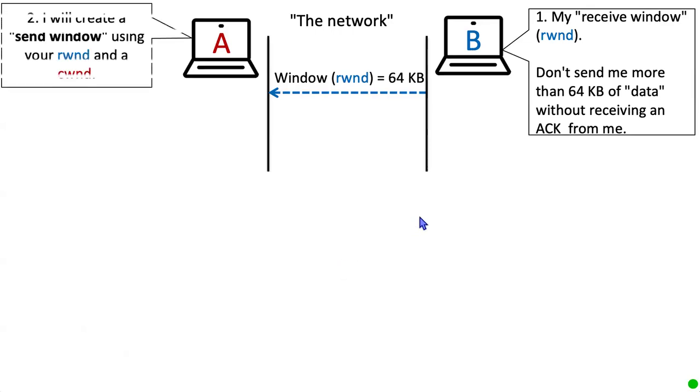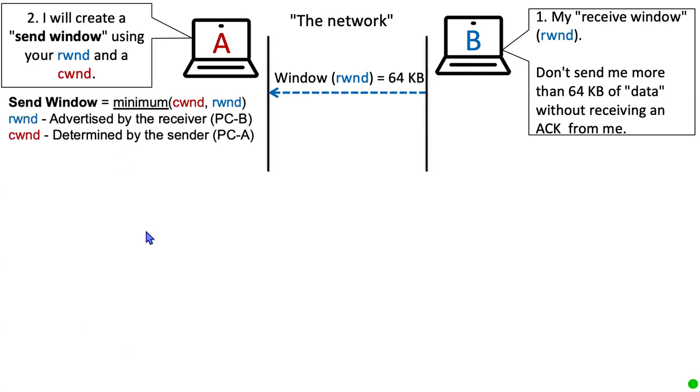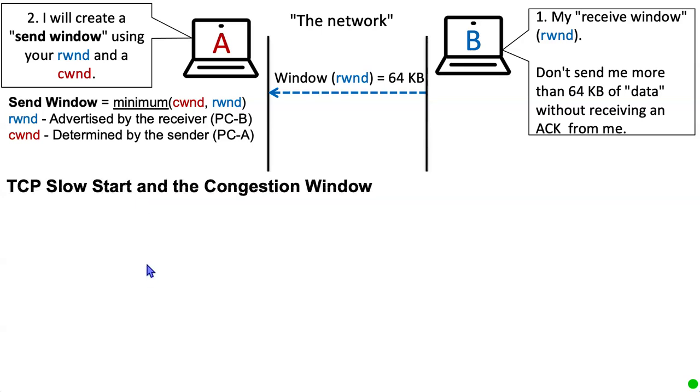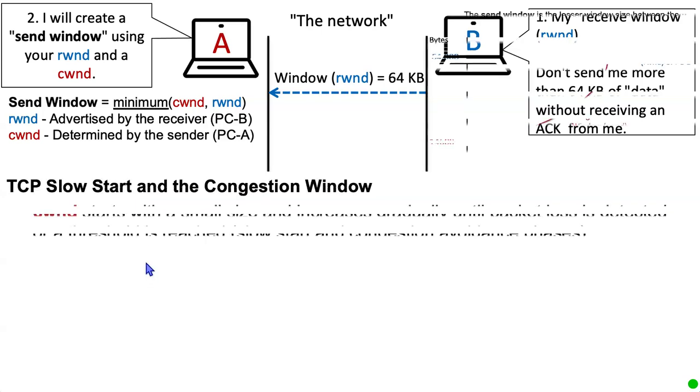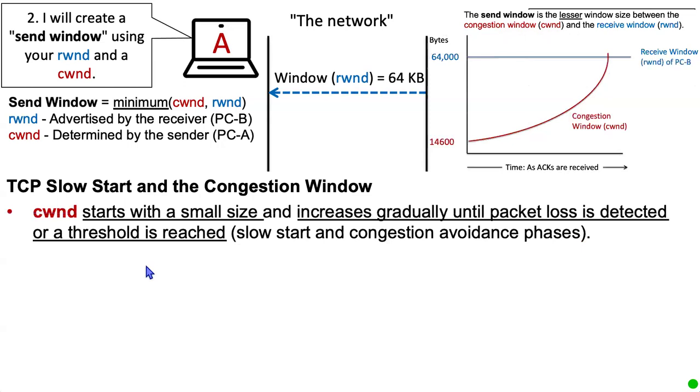So we said PCA is going to create a send window using the receive window from PCB and a congestion window that it determines. And again, it's the minimum of the two. TCP slow start and the congestion window: the congestion window starts with a small size and increases gradually until packet loss is detected or a threshold is reached.